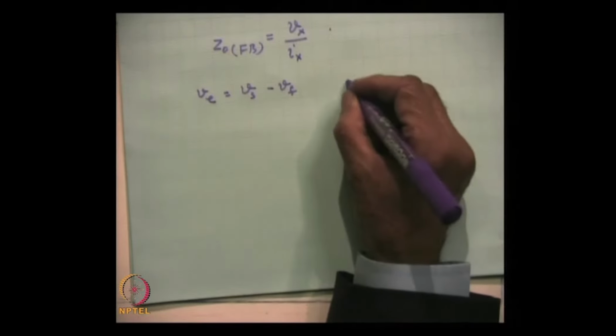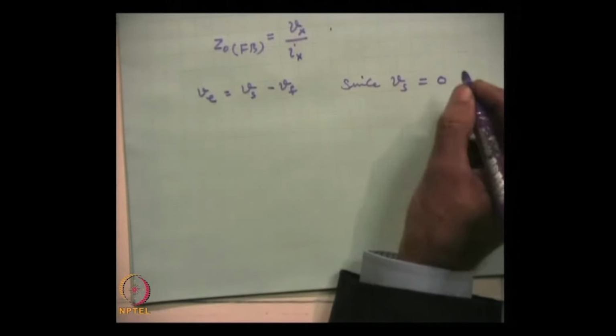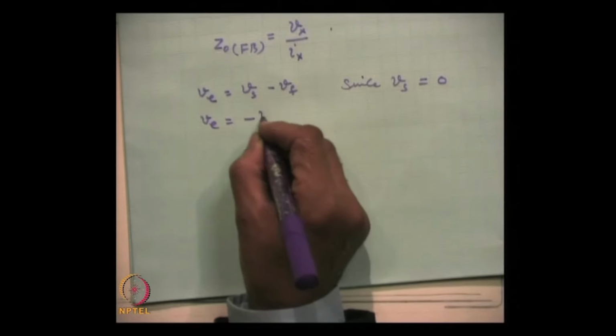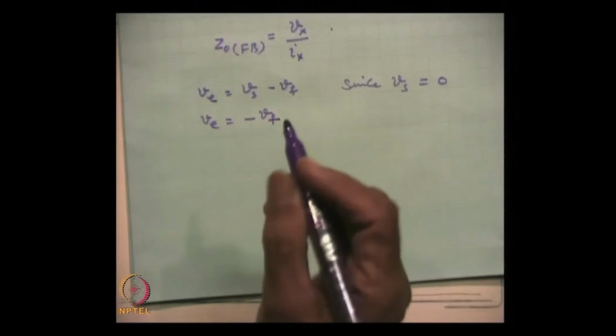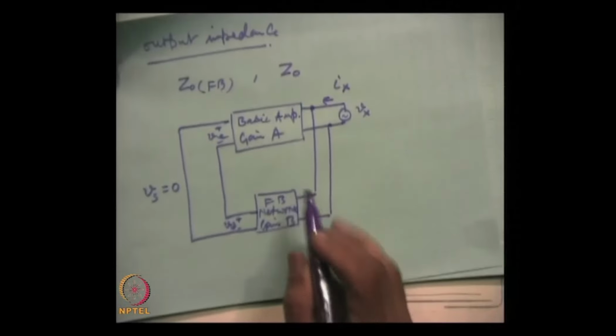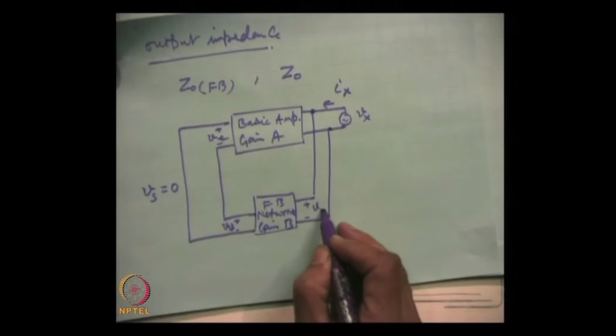So, since V s is 0, V e is equal to minus V f, and V f here, this voltage, is plus minus V x.